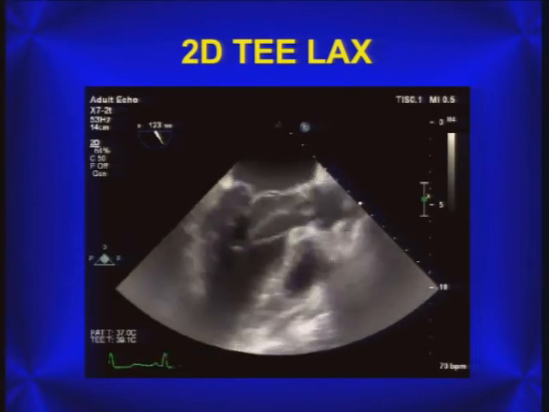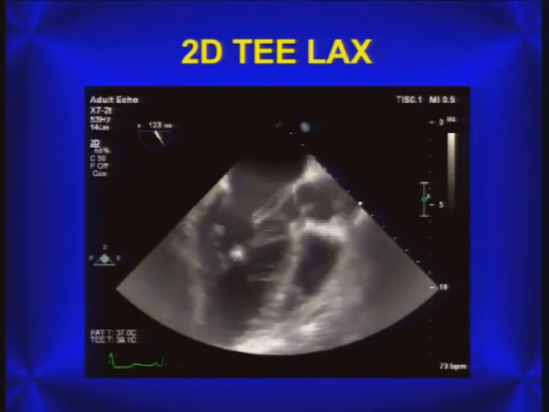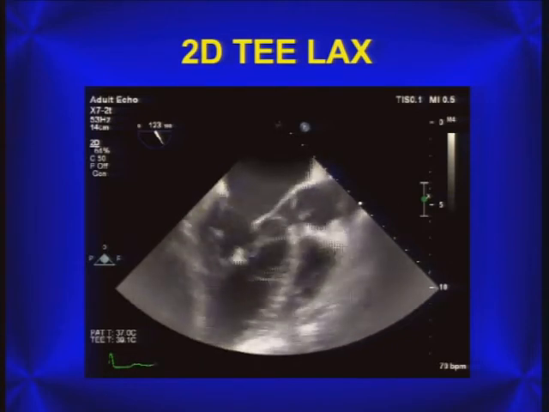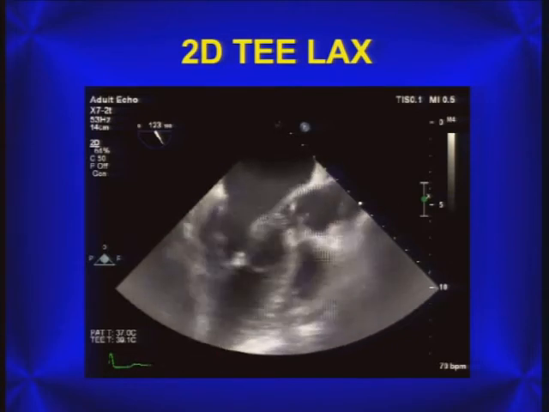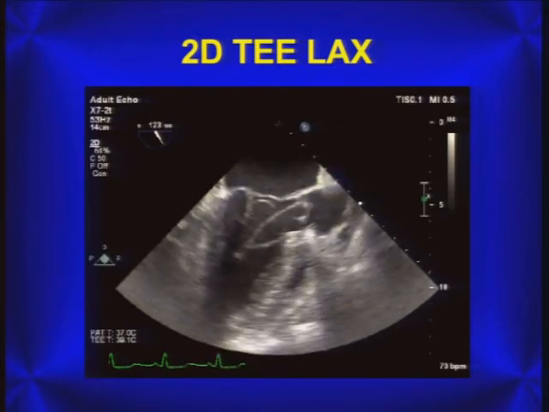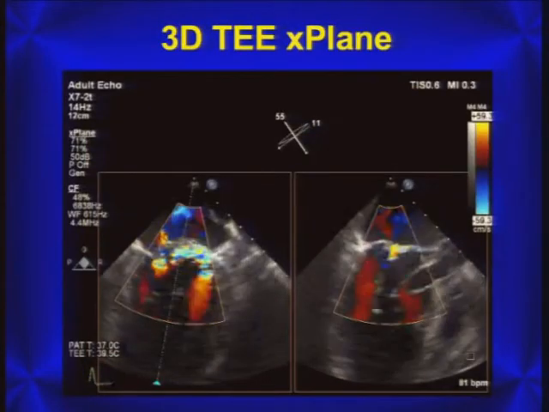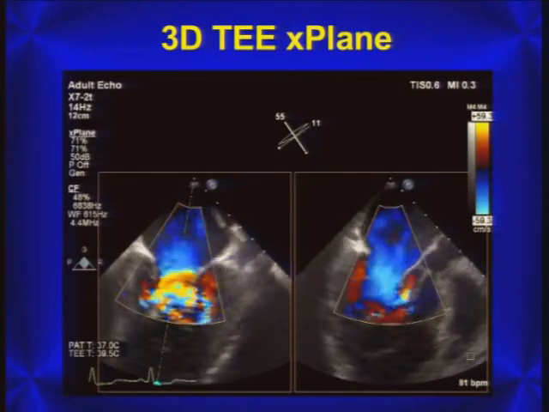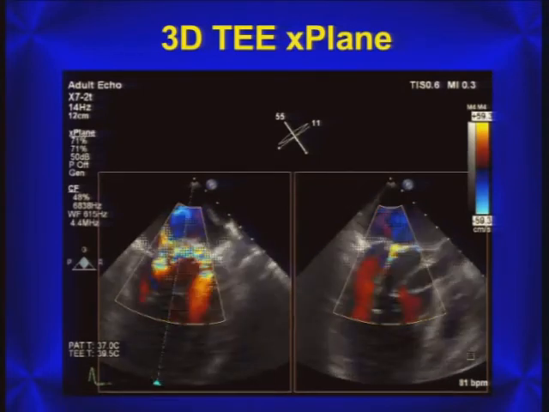with the chords almost folding up to double, and that resulted in severe dynamic intraventricular obstruction. So we also used, of course, color flow volume and explain images.